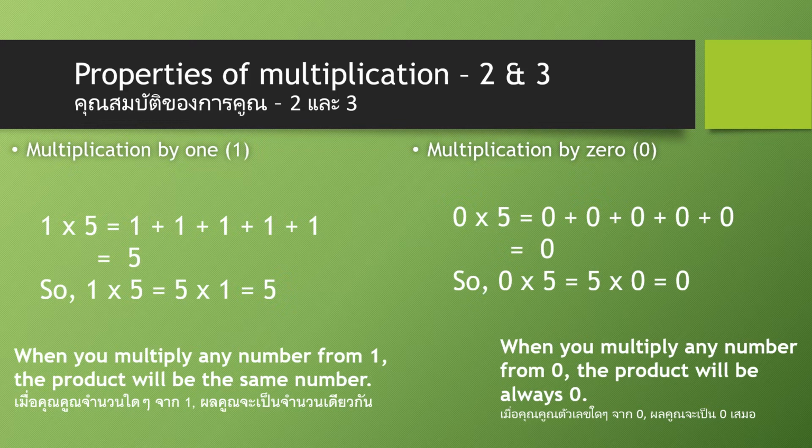So if we check 1 times 6, 1 plus 1 plus 1 plus 1 plus 1 plus 1, 1, 2, 3, 4, 5 and 6.